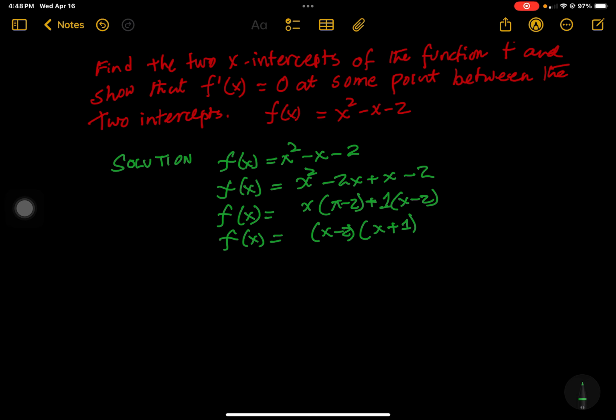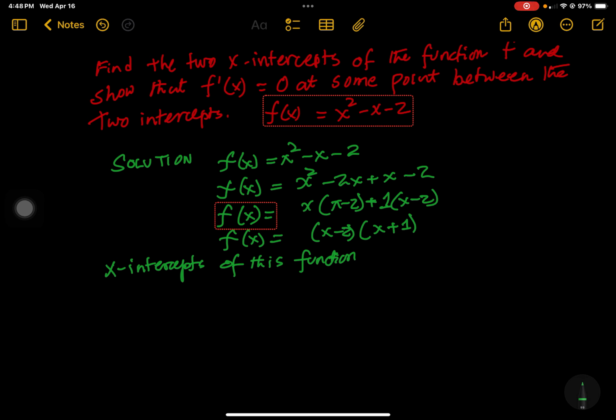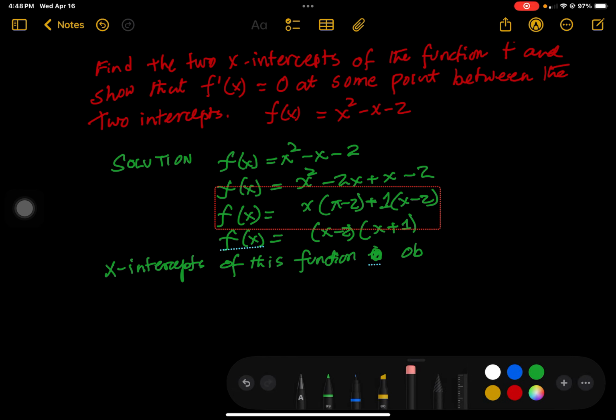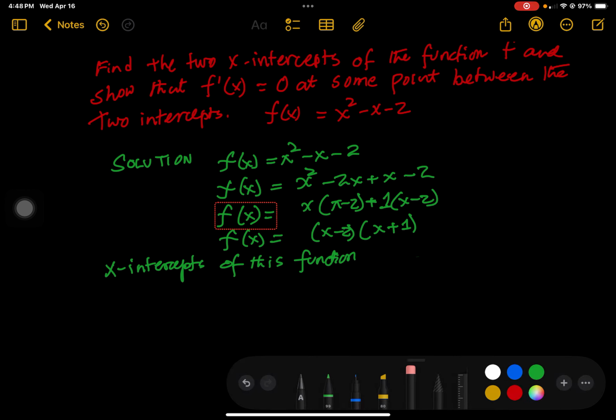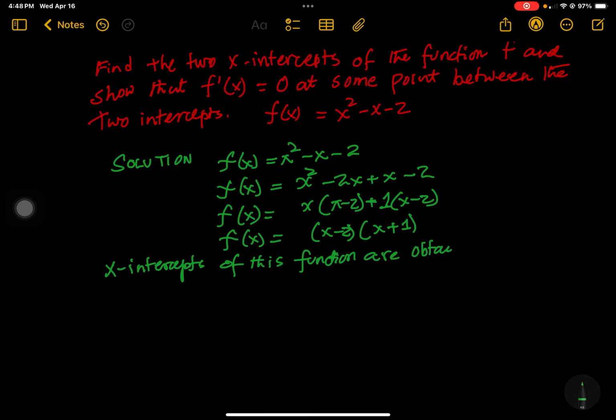Okay, so what are the x-intercepts? The x-intercepts of this function are obtained by making f of x equal to 0.